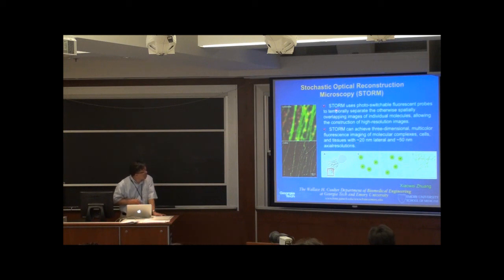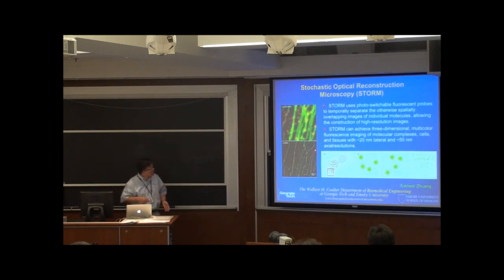STORM uses photo-switchable fluorescent probes, such as Cy3 and Cy5. Essentially, it temporally separates the otherwise spatially overlapping images of individual molecules. Then from that, you construct the images to reach higher resolution.